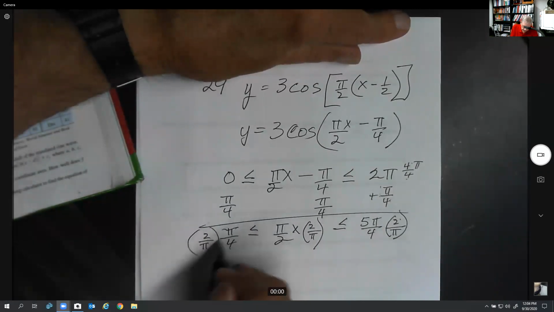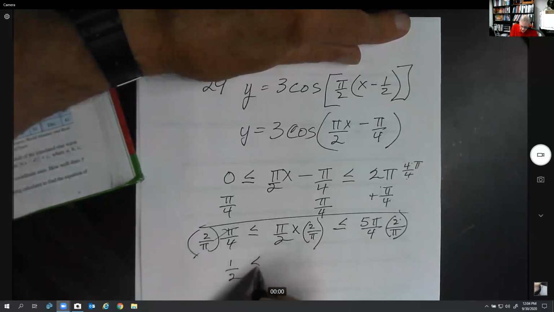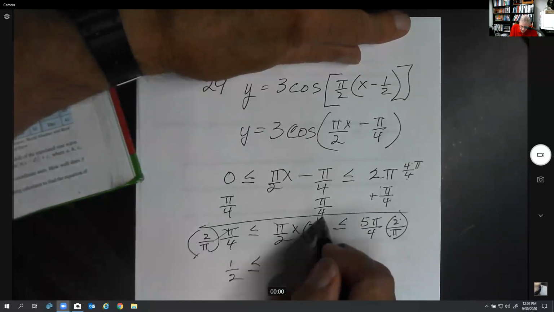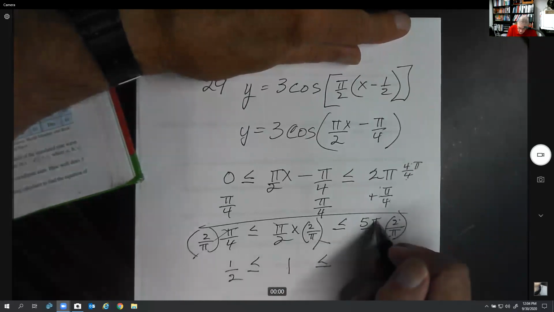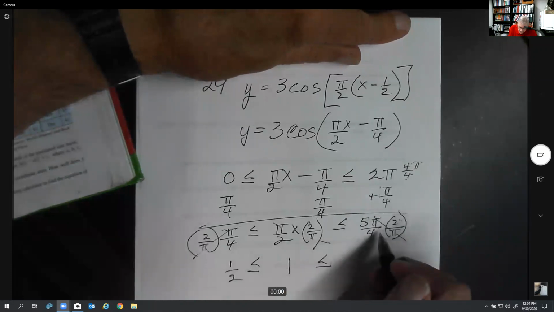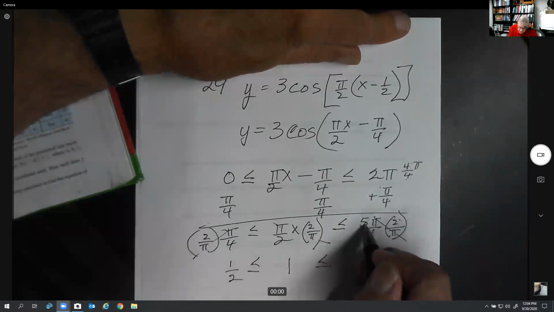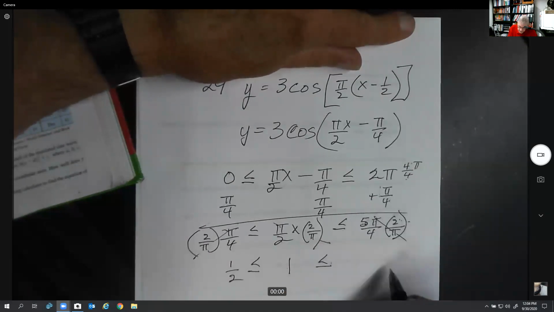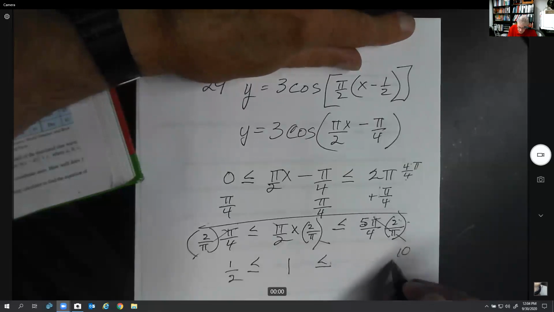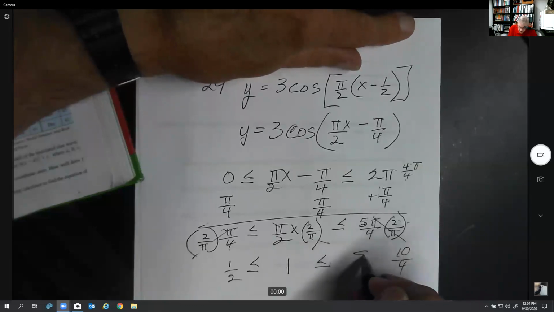See, the pi's cancel out. You get 2/4 or 1/2 is less than or equal to, everything cancels out. 1 is less than or equal to, pi's cancel out, you get 10 over 4. What is 10 over 4 reduced down to? 5/2.